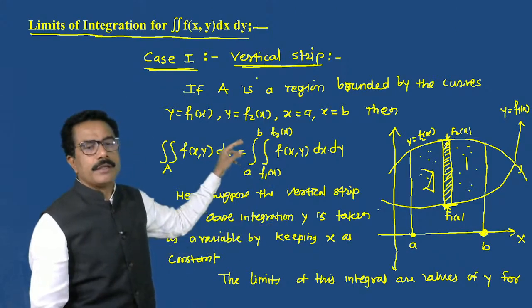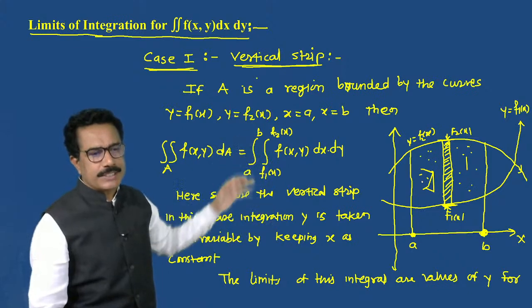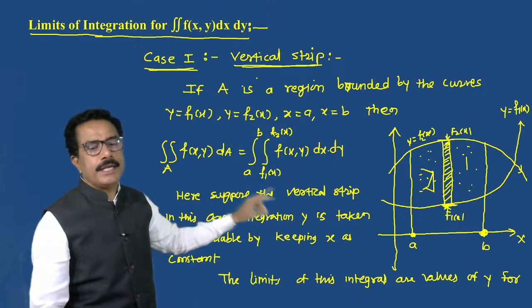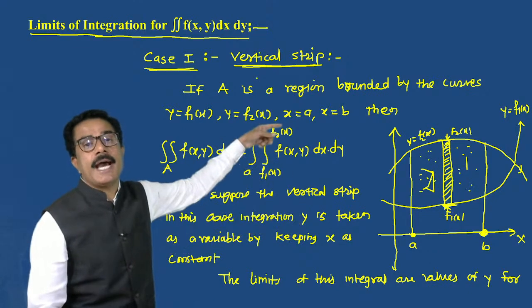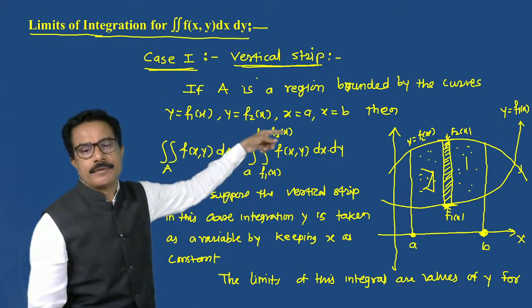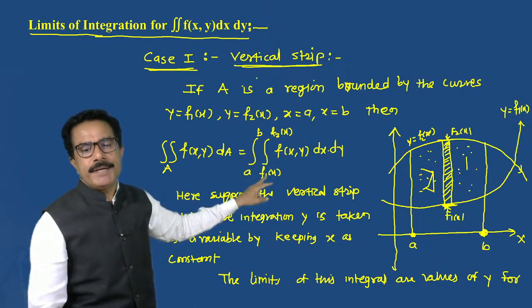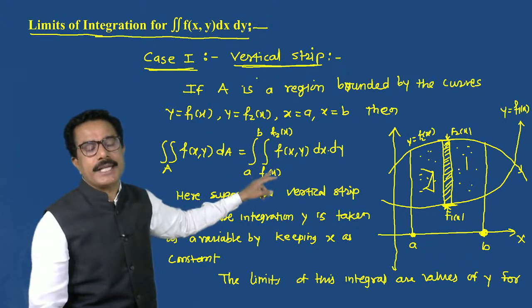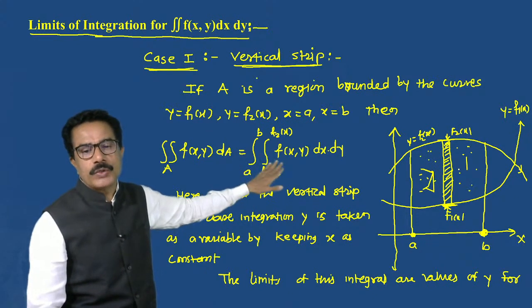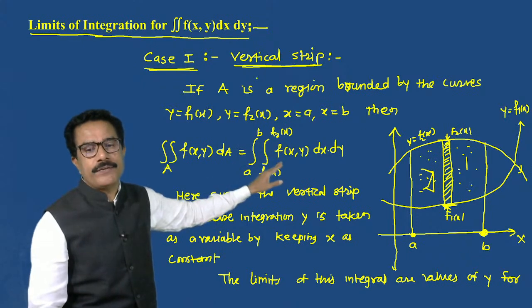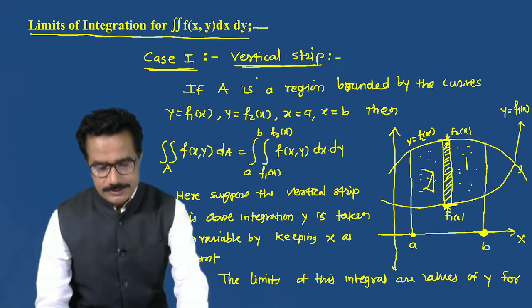So if we consider a vertical strip, then its lowest point and highest point will be the limits of integration with respect to y, the second integration, and we have to take that integration first by keeping x constant.